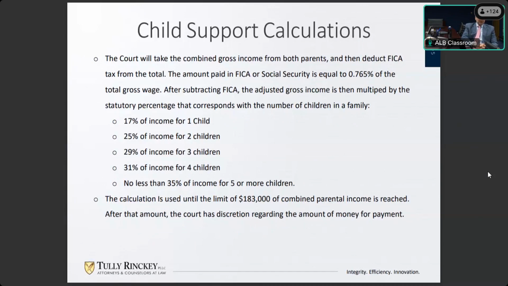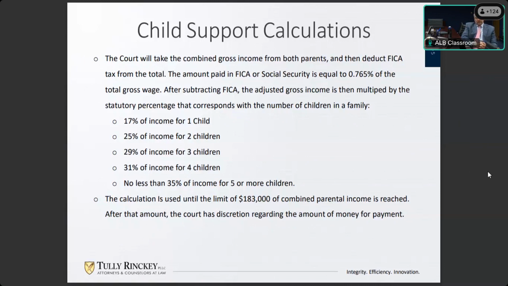So what they do is take your income, your gross income. Remember we talked about gross income before. Then they'll take away FICA, which is 0.0765, from that. They'll deduct that amount from your gross income, and that is the income that they will use for child support calculations.